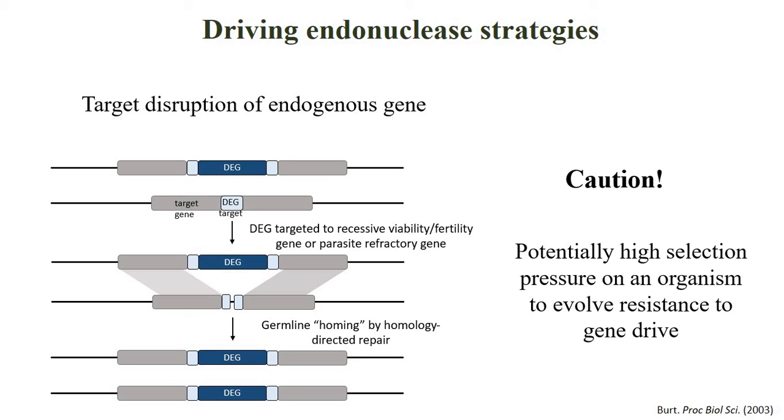The caution is that because you're putting very high selection pressure on an organism, they will evolve resistance to gene drives. Now, you would probably say that these homing endonuclease genes are already present in the population. But think about it: anything that's too detrimental to an organism will not be tolerated in a population.